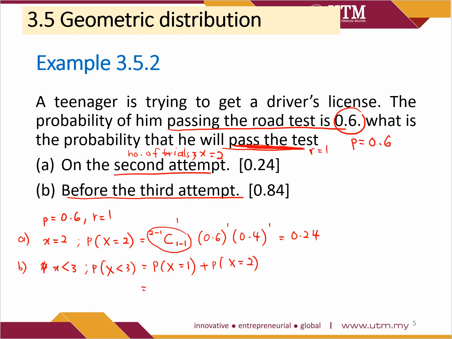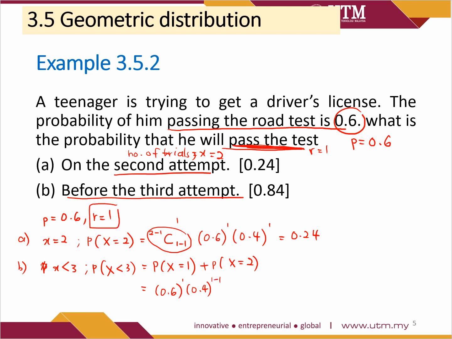For the first one, it will be 0.6 to the power of 1 times 0.4 to the power of x minus r, so 1 minus 1.